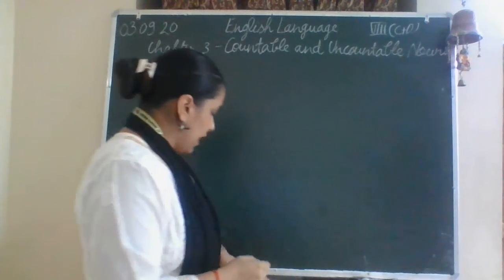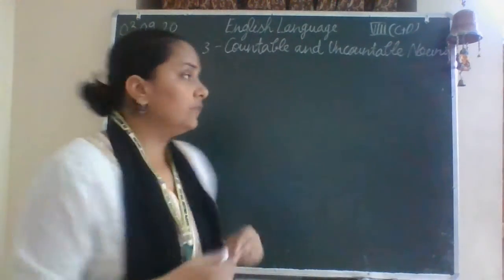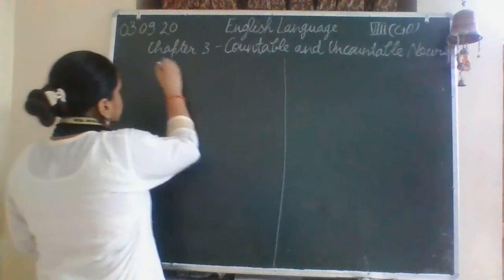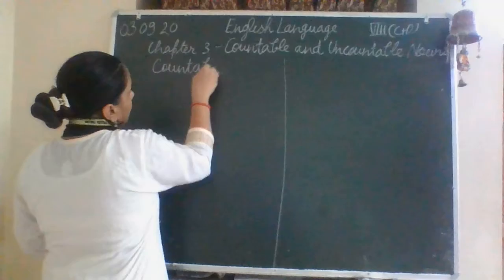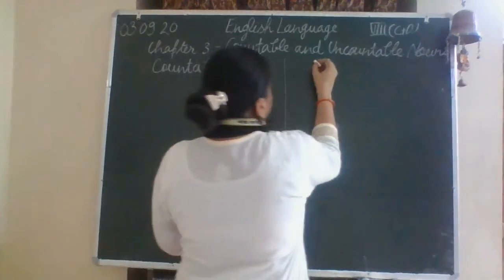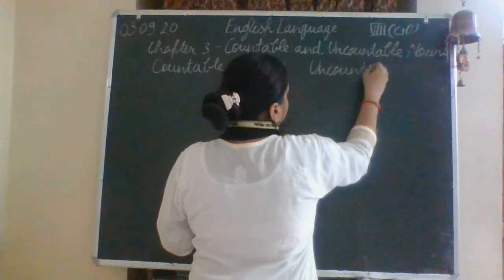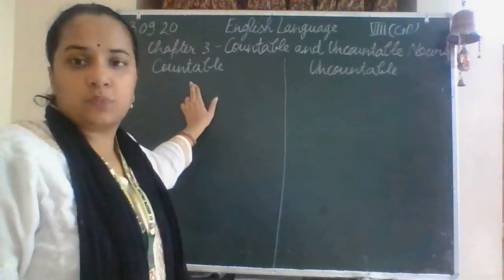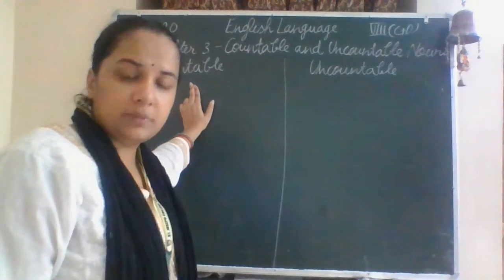See, if I divide this in two parts, here countable, and here we will discuss uncountable. So what is the first point of difference between the two, the countable noun and the uncountable noun?